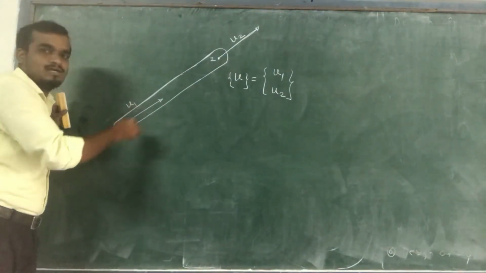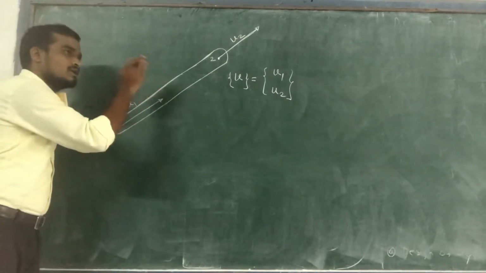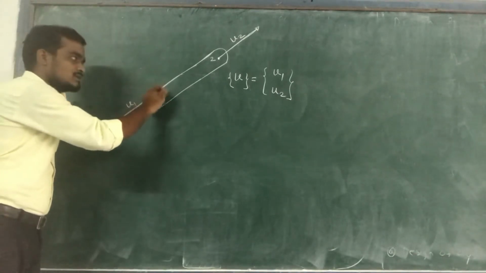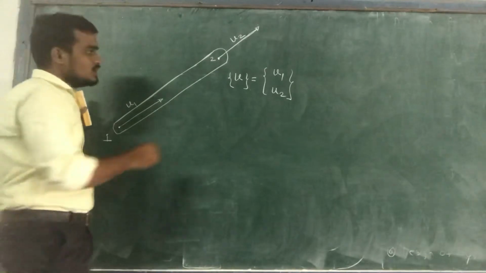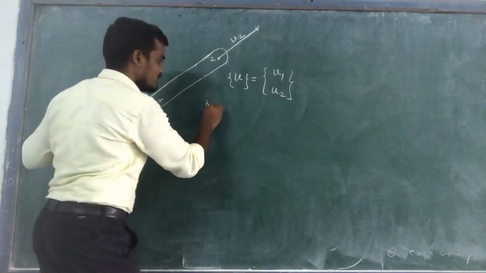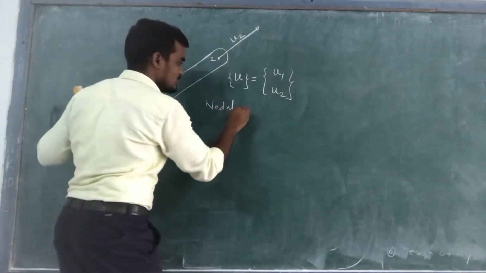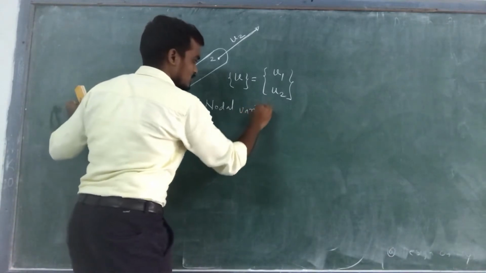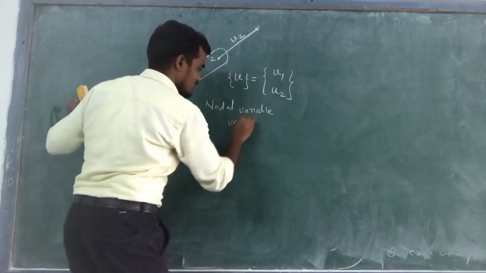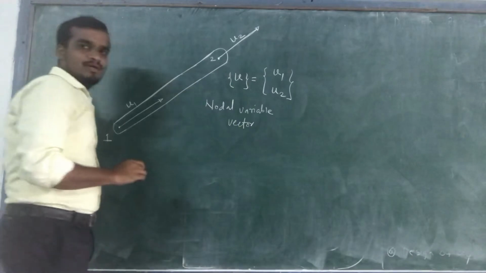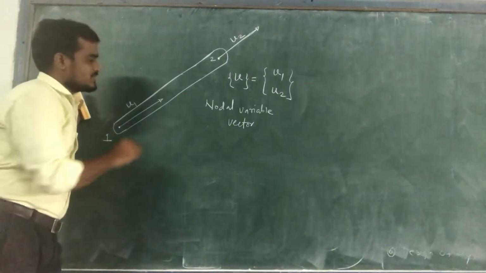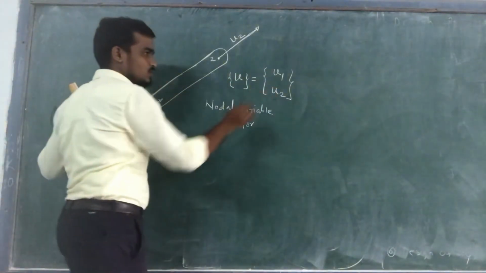So that's why there will not be any bending in the truss element. So this is nothing but the nodal variable vector, which can be written as U1, U2.